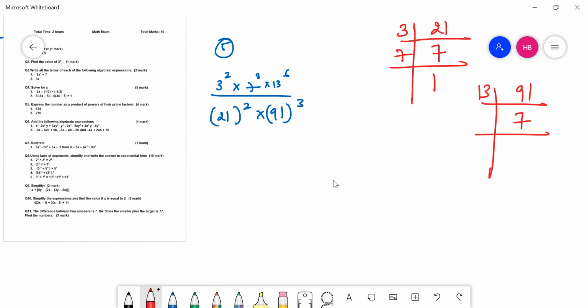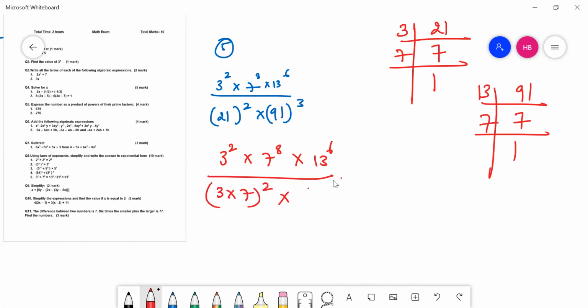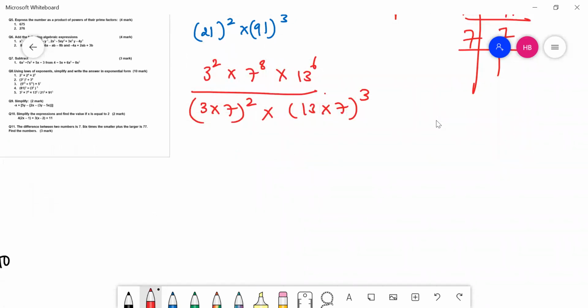7 threes are 21. So now I can write this question as 3 squared into 7 raised to power 8 into 13 raised to power 6, divided by 3 into 7 whole squared into 13 into 7 whole cubed, which can further be written as 3 squared into 7 raised to power 8 into 13 raised to power 6, divided by 3 raised to power 2, 7 raised to power 2.